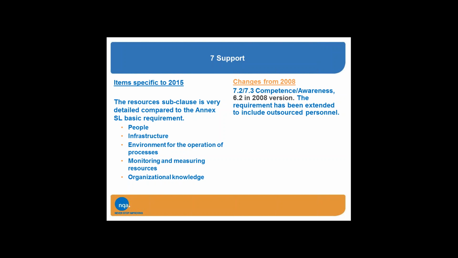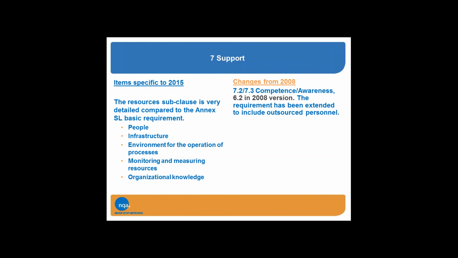And again, further changes since 2008. Requirements around 7.1, 7.2 and 7.3, those are the requirements for competence and awareness. They're equivalent to Clause 6.2 in the 2008 version, but the requirements have been extended to include outsourced personnel.